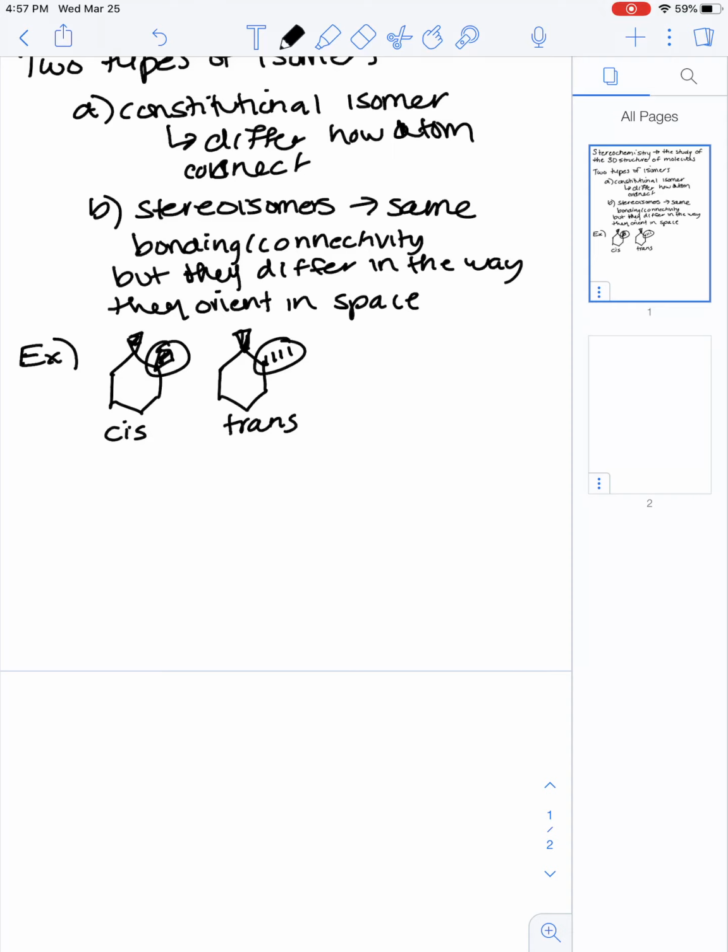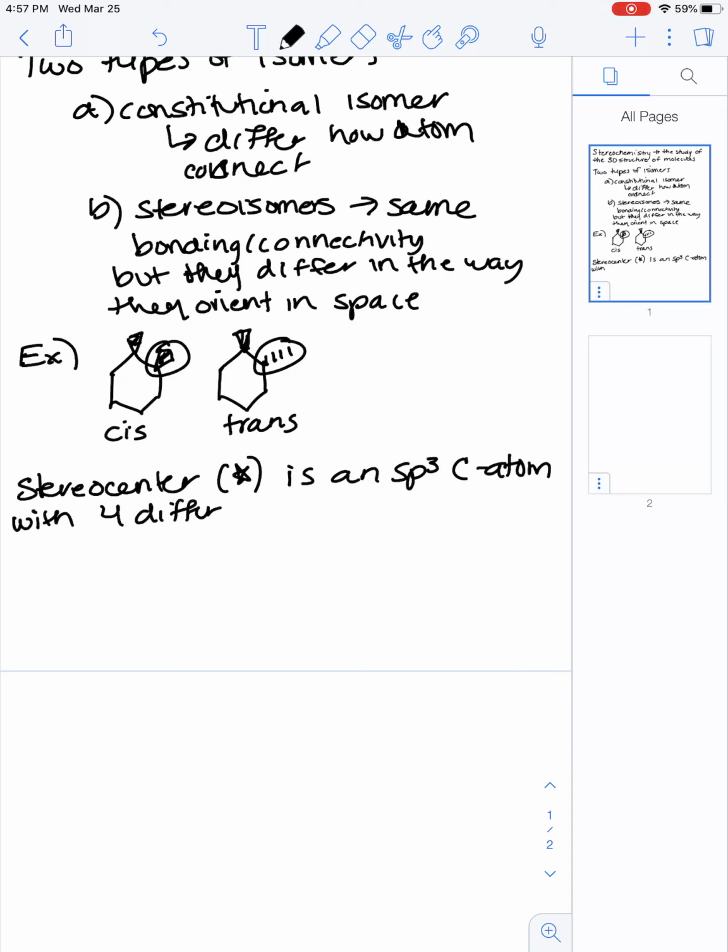A new thing that we haven't really talked about yet is the stereocenter. A stereocenter is usually depicted with this asterisk. It is an sp3 carbon atom with 4 different substituents attached to it. An example of this would be this molecule here.